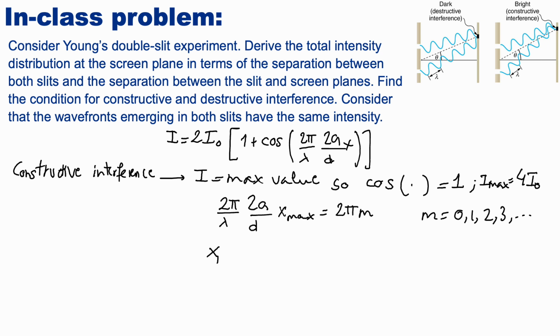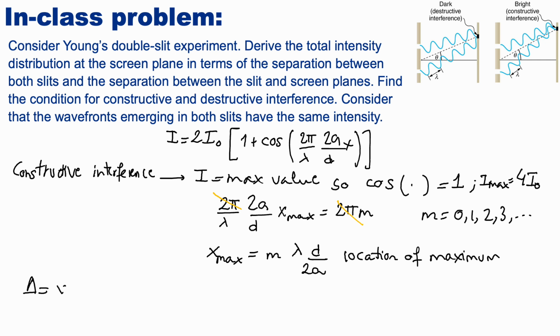So we can find that the location of the maximums, where the 2 pi's cancel each other, is m lambda d over 2a. And if we want to estimate the separation between 2 consecutive maximums, we just need x of m plus 1 minus x of m.